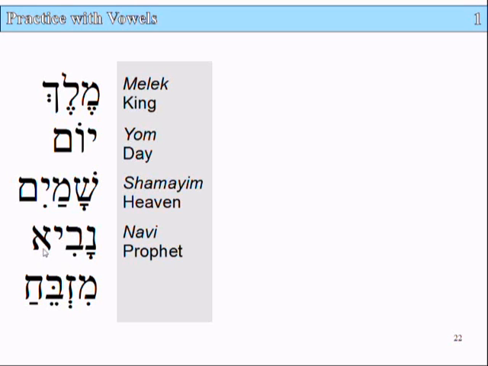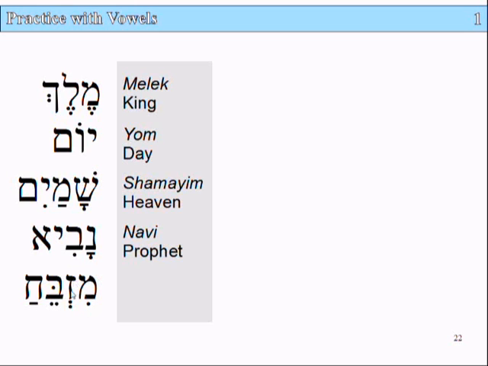This was a v sound, but this is a b sound because it's got a dot in it, dagesh forte. And then we've got a chet. Chet. That's a ch sound. This little dot here is called a chirik. It means it's got an I sound. So this is just like the letter I. So this is m.